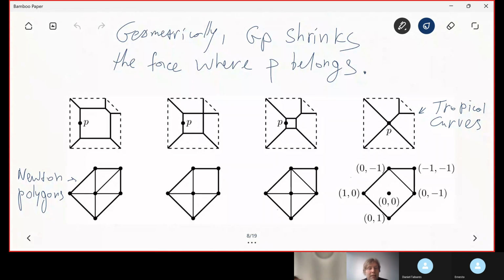So that's some geometric picture for how it looks. So geometrically, this G_P, at the level of what the tropical series defines, it just shrinks the face where P belongs. And you should imagine that this dashed line is the boundary of the face, and then depending on the position of the point P, you see different results.